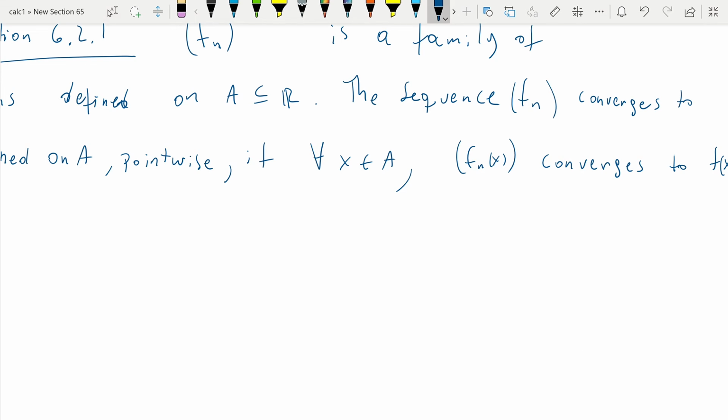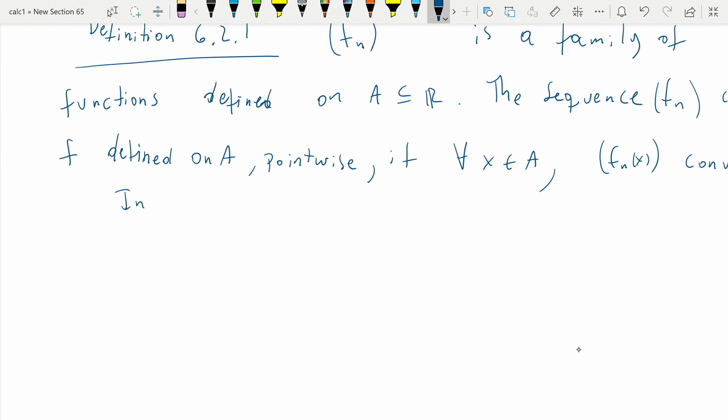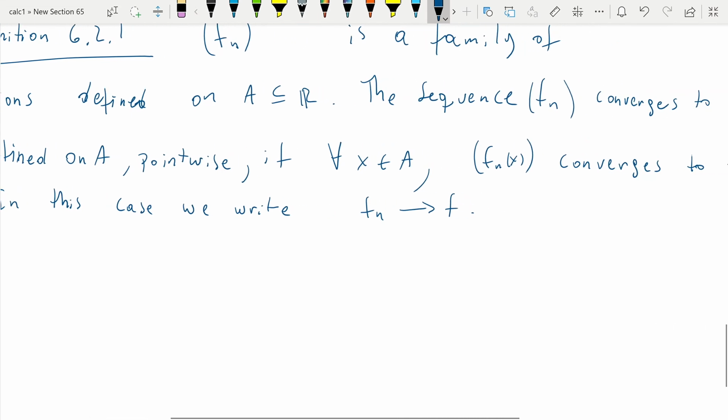So in this case we write fn converges to f, or the limit as n goes to infinity of fn of x is equal to f of x.